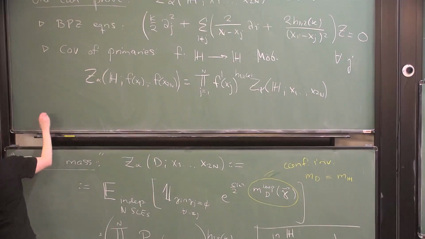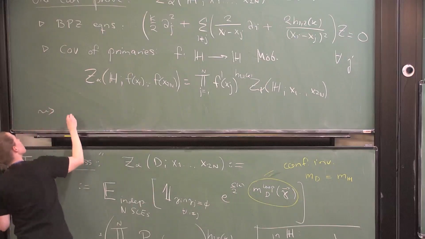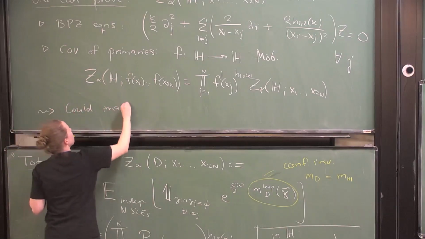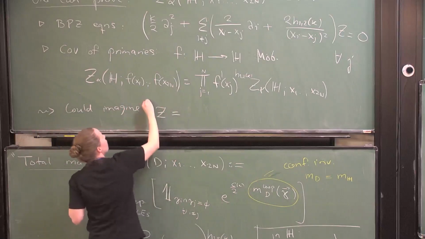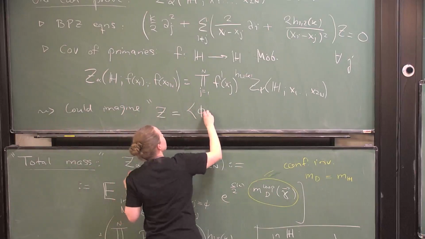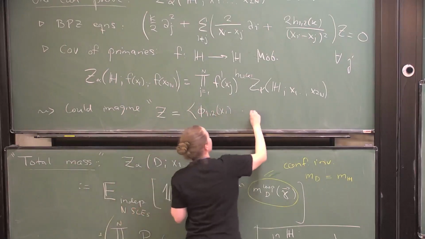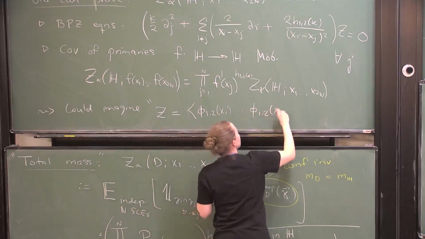And this already is starting to look like, right, some correlation functions. So you could imagine that this, very heuristically, would be of this form, where this is a primary field at each point, phi 1,2. I'm hoping someone knows this notation.